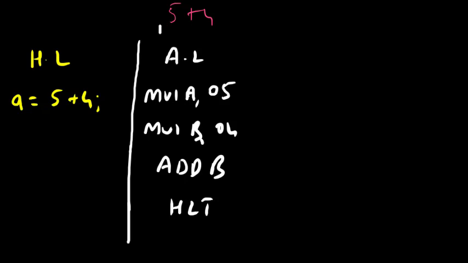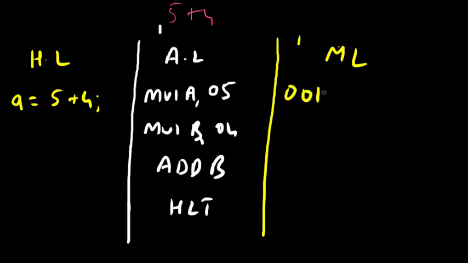Then finally we will see what the machine level code is for the same code we have written in assembly language. So MVI A is of course 3E, then 05, then we have MVI B, which is 06.